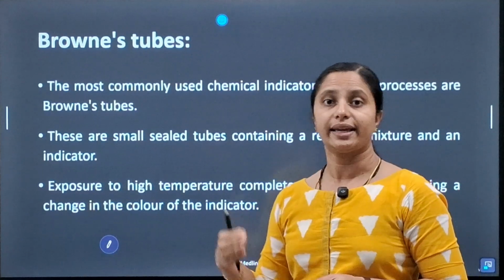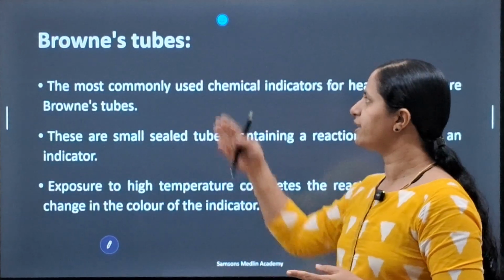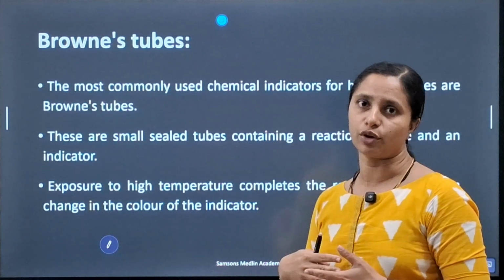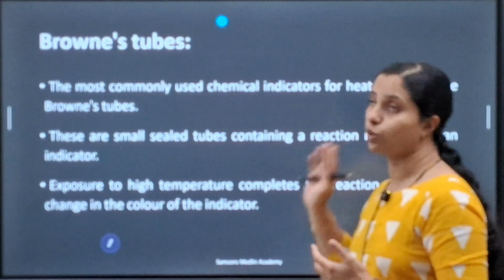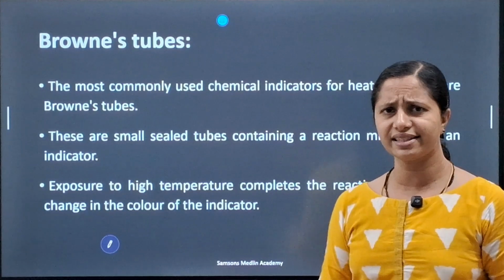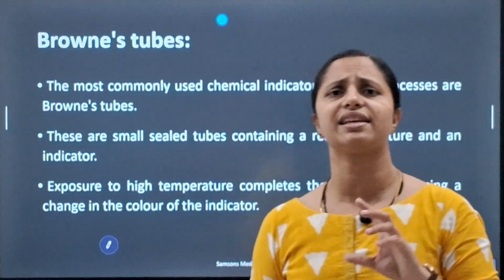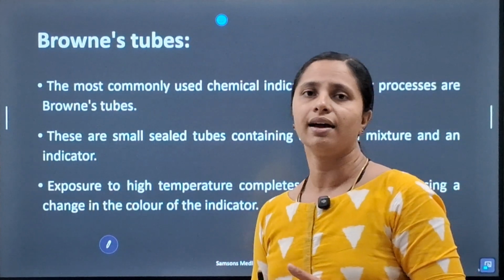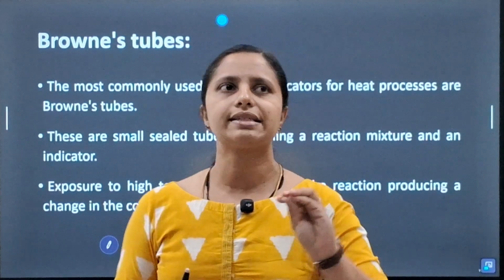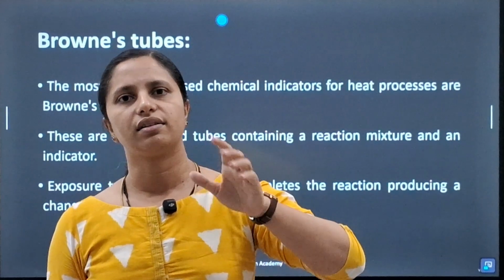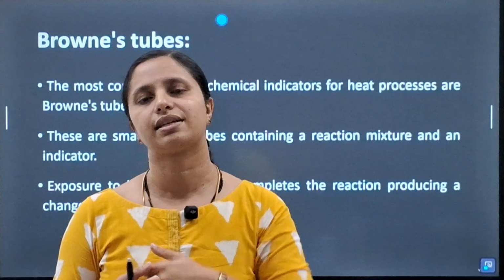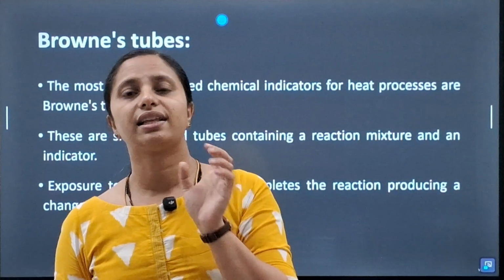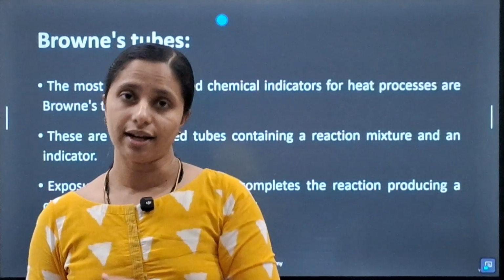So coming to chemical monitors. The first one is Brown's tube. It is the most commonly used chemical indicator for heat processes. So what does Brown's tube contain? It contains a reaction mixture and an indicator, and the reaction between the components in the reaction mixture will occur at a specific temperature, and with that reaction the indicator will give a particular color.